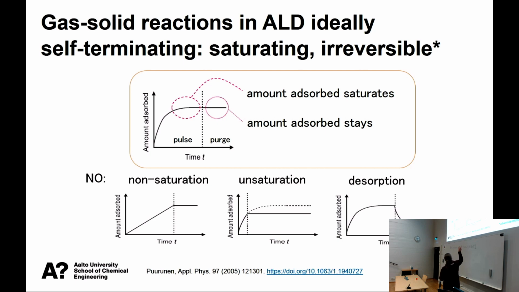Then unsaturation, we also need to make sure that we give the system enough time or dose to get to that adsorption controlled level. And also if we would have reversible reactions so that the compounds would desorb, that again would ruin our surface control. So there are actually quite strict demands for how the reactions should be so that it behaves in the ALD way and we get the benefits that we want.